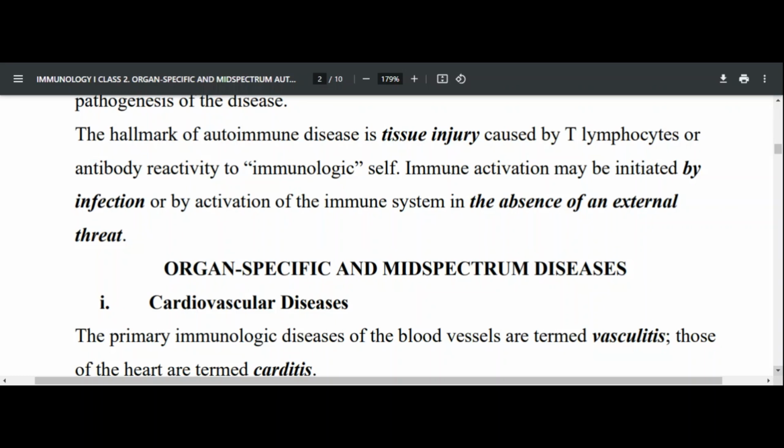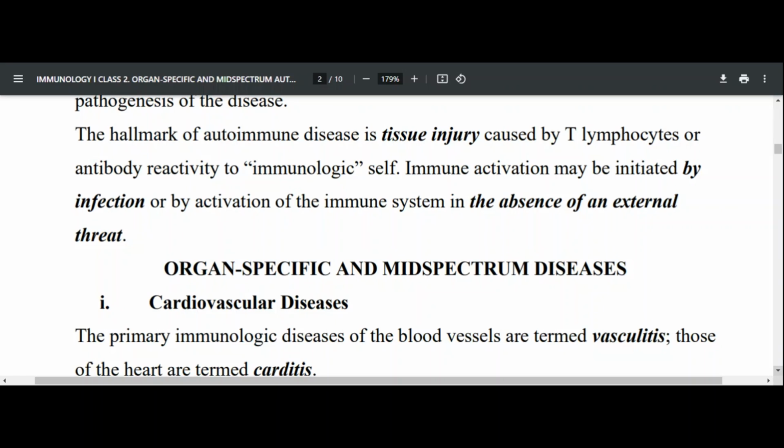But some of these are mid-spectrum. They can be organ-specific, but sometimes they extend to nearby organs or tissues. So they are no longer organ-specific, but they are also not systemic. That's why we also call them mid-spectrum conditions.